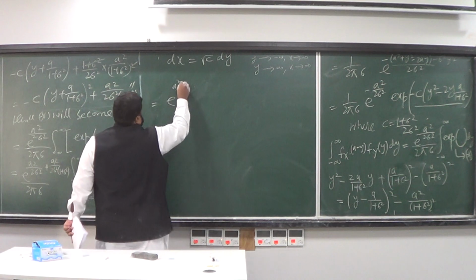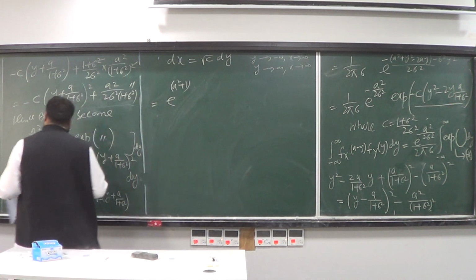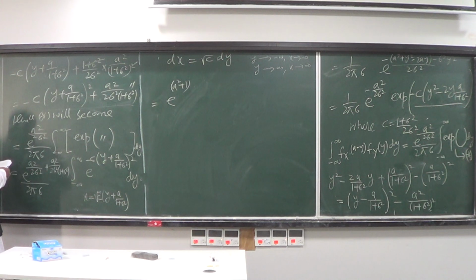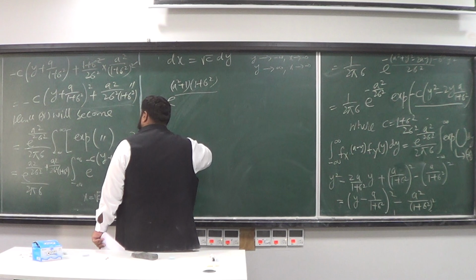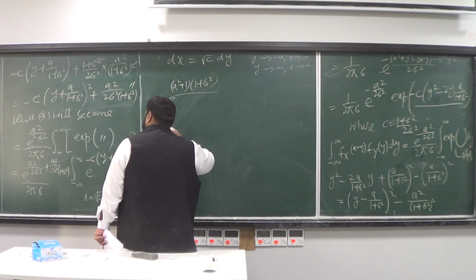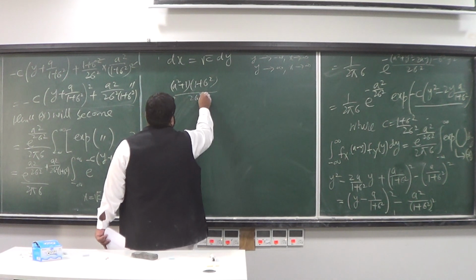So it's going to be a square plus 1 times sigma square plus 1, so a square plus 1 over a square plus 1 times 1 plus sigma square over 2 sigma square times 1 plus sigma square.